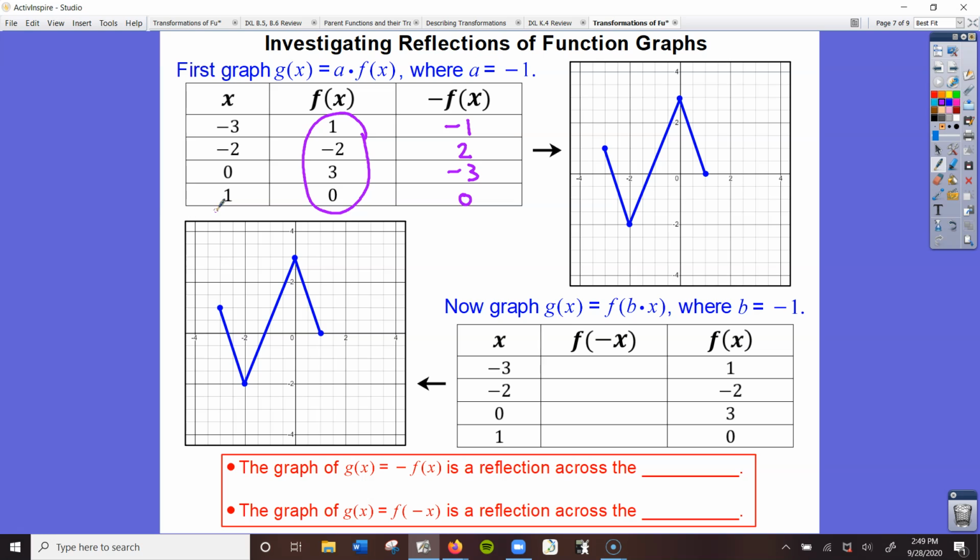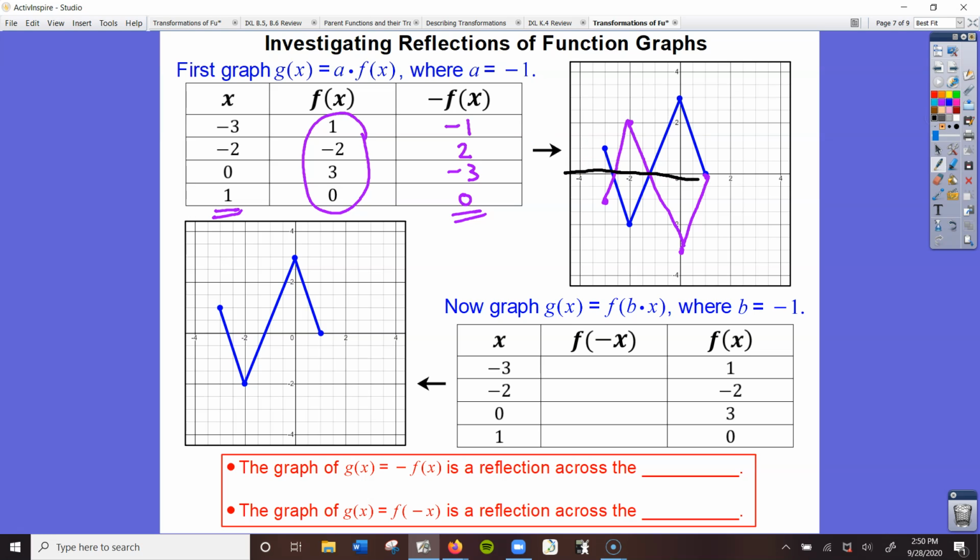Now if I were to graph my original x's with my new y's, I would have (-3, -1), (-2, 2), (0, -3), and (1, 0). If I connect all my dots, we can see here that it reflected vertically, right?